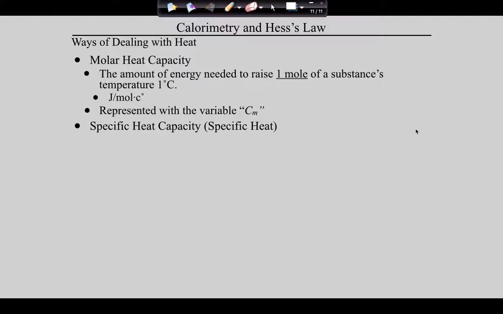So guys, let me define it for you. Specific heat capacity, which is also called specific heat, is the amount of energy needed to raise 1 gram of a substance's temperature 1 degree Celsius.